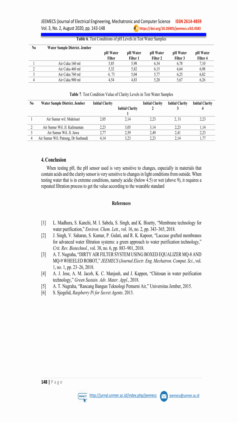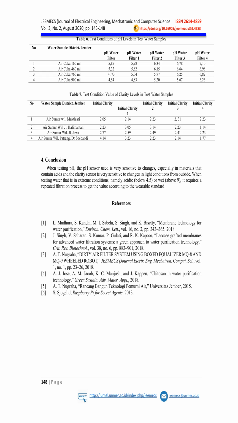Air Chuka C 460 ml: 5.32, 5.82, 6.15, 6.64, 6.98. 3. Air Chuka C 760 ml: 4.73, 5.04, 5.77, 6.25, 6.82. 4. Air Chuka C 900 ml: 4.54, 4.83, 5.20, 5.67, 6.26.